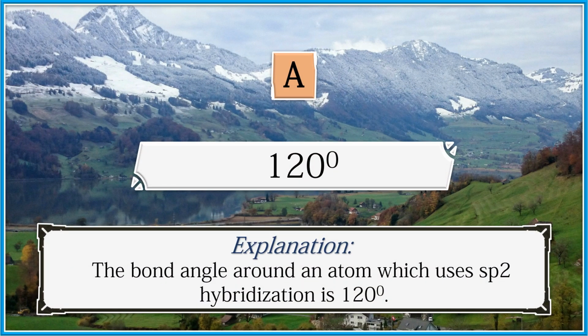The answer is 120 degrees. The bond angle around an atom which uses sp2 hybridization is 120 degrees.